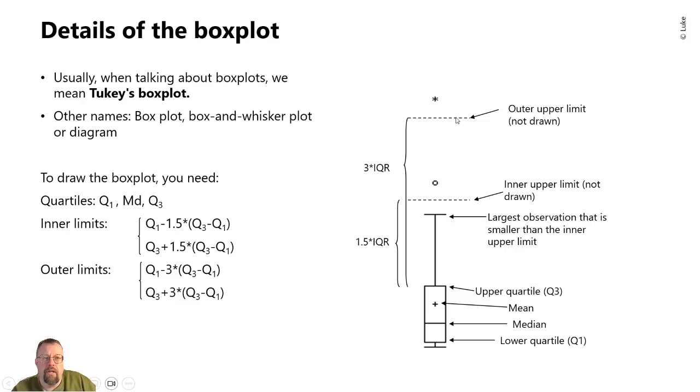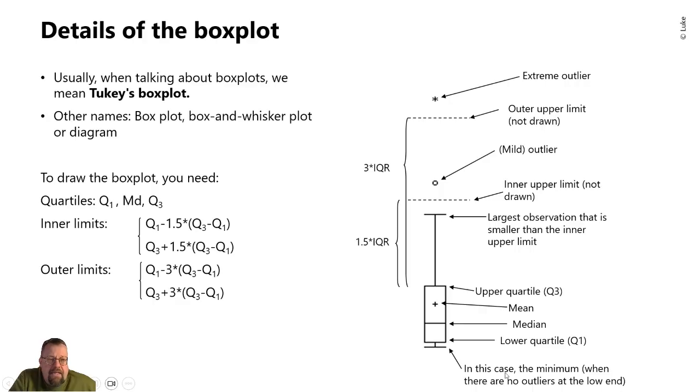It's here, and at least in the original Tukey box plot, we use a different symbol for the values that fall in this interval, and then those that are larger than the outer upper limit. So the ones that are here would be extreme outliers with a different symbol, and then these are just outliers or mild outliers that are in this interval.